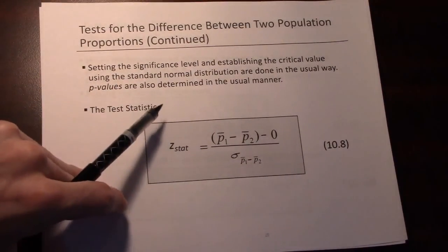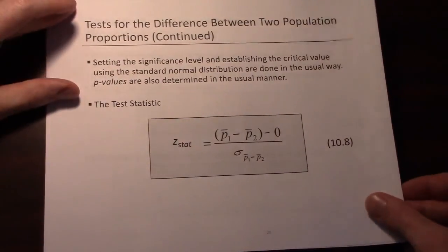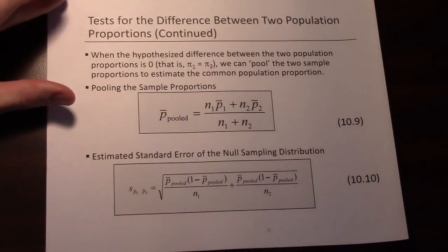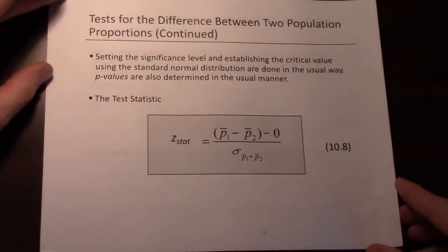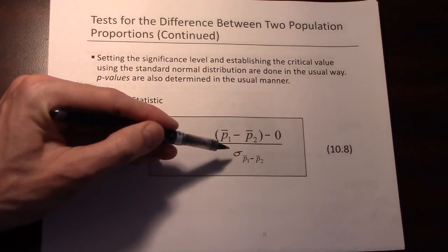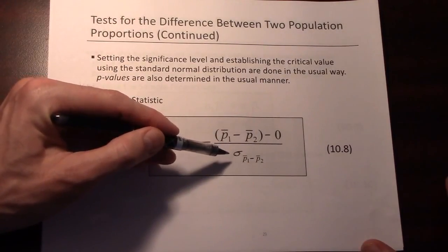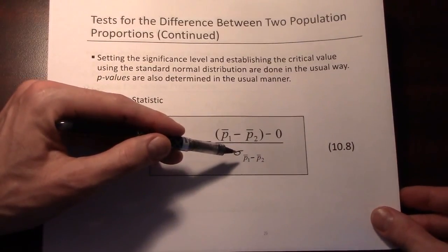And I believe on the next slide, this part, the standard error is filled out a little bit more. Or no, it's not. Okay, so we don't have it. We had this in the previous slide. It's that big long formula. Just make a note of it. Turn back to the previous slide, say star. That's the formula we're going to need to use when we calculate the standard error.